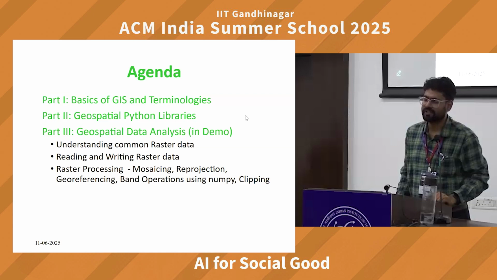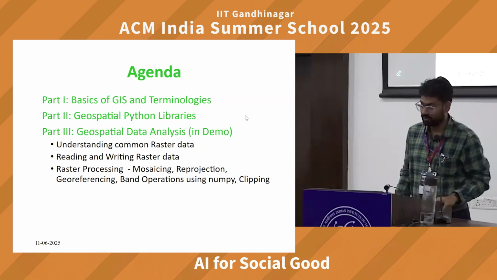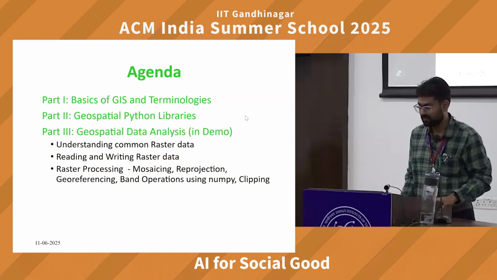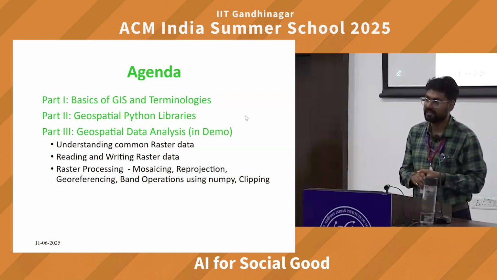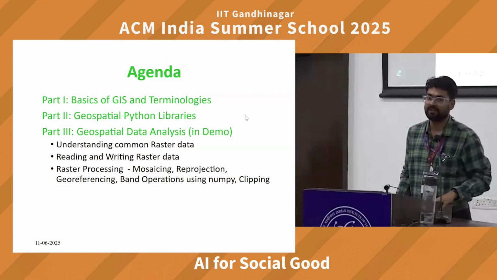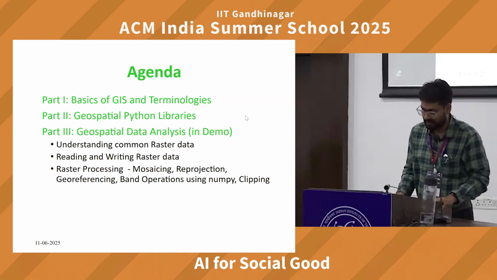The second is some common geospatial Python libraries that you can use in your project. In the third part, we will see how to use these libraries to do GIS operations such as mosaicing, reprojection, georeferencing, band operations using NumPy, and clipping. Maybe you are hearing these words for the first time and it may be hard to understand right now, but after this lecture, you will understand all these GIS functionalities.